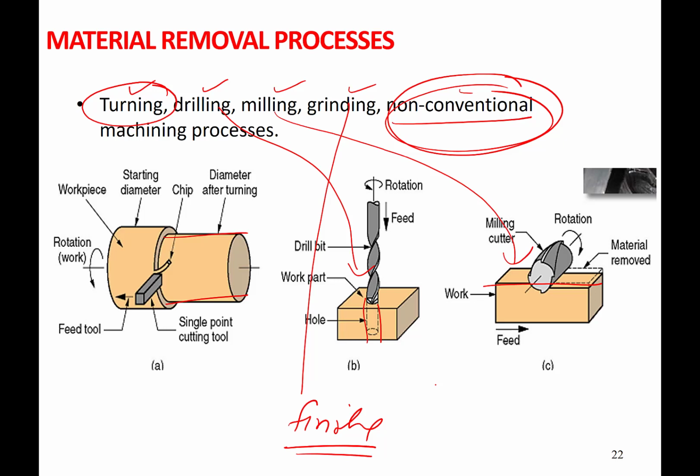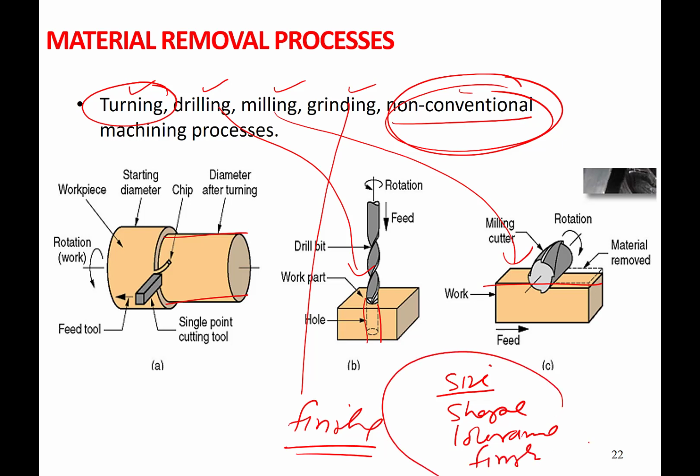That's fine. So this is about the process, and it is extremely needed for exact size, shape, tolerance and finish. These things can primarily be realized through the material removal processes, which are called machining.